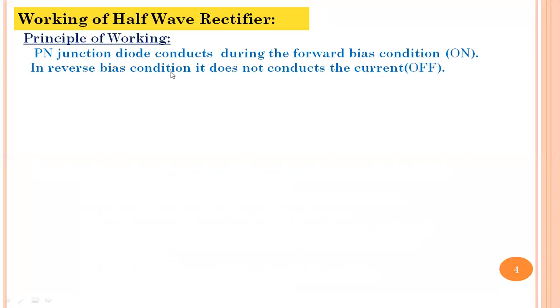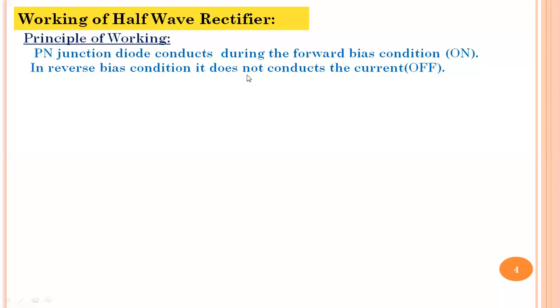Whereas if the polarity of the battery connection is reversed, that means the positive of the battery is connected to the cathode and the negative of the battery is connected to the anode, then the PN junction diode will be under reverse biased condition, as a result of which it does not conduct current. Ideally, zero current flows through it.